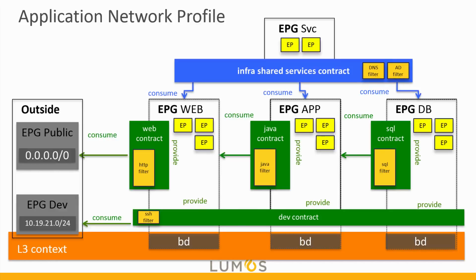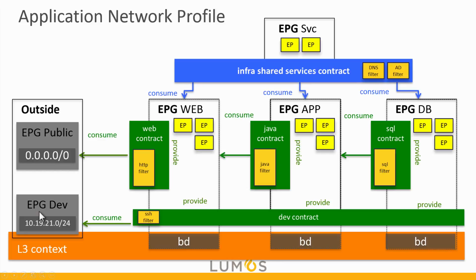So actually, I just added this. So I just changed everything. This is the beauty of post-production, right? But I just changed this so now the L3 outside is actually broken down into 2 separate EPGs represented by the 0.0.0.0/0 subnet consuming the web contract, so everyone gets this.